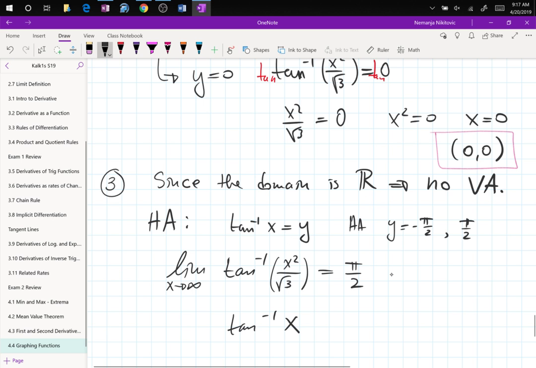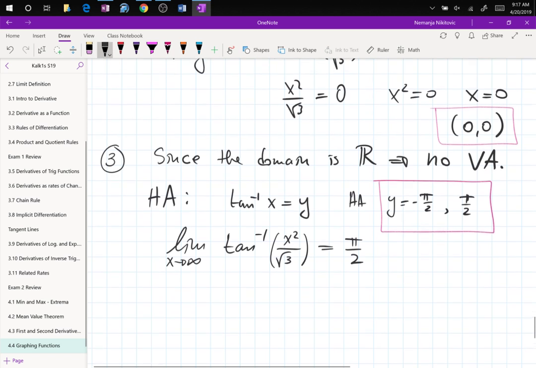Infinity squared is still infinity, divided by root 3 is still infinity, so you still have inverse tangent of infinity. So the locations of these don't change, and we still have the same locations for our asymptotes. So you do need to know the basic case, and then you can upgrade from there.